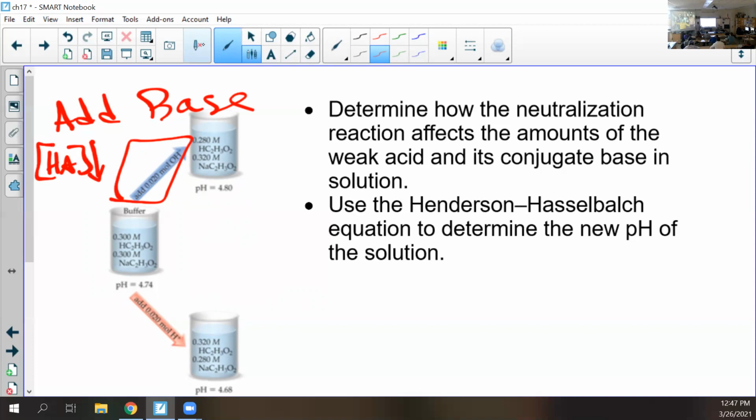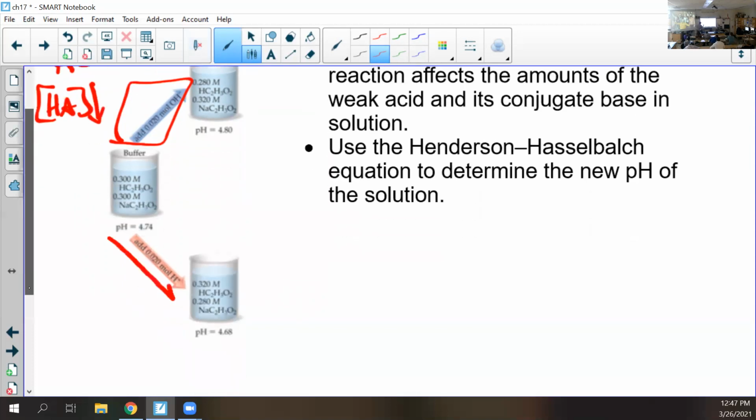Now, think about it the other way. If I add acid, then the concentration of A minus goes down.